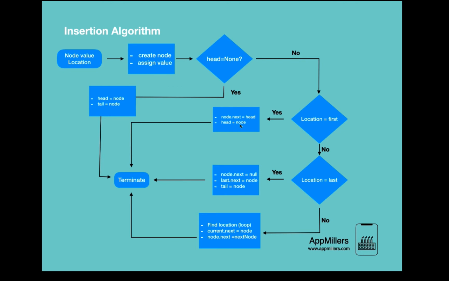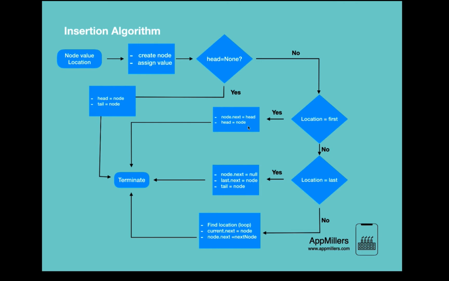By doing this, we create a link between the new node that we created and the first node, because we know that the value in the head is the reference to the first node. So then we have to create a reference between head and the newly created node. By assigning the location of the newly created node to head, we are creating a link between head and the newly created node. And the previously created link between head and node 1 gets deleted. By doing this, we successfully insert the newly created node at the beginning of single linked list.